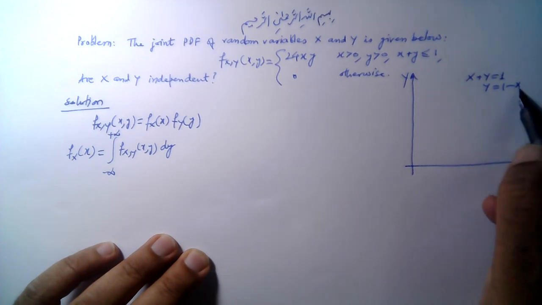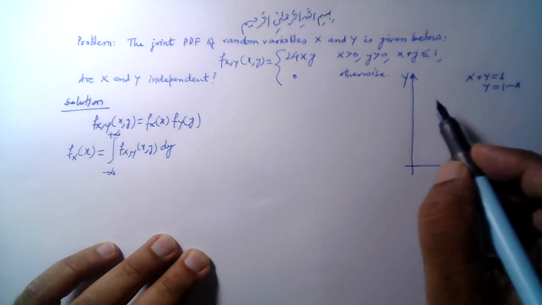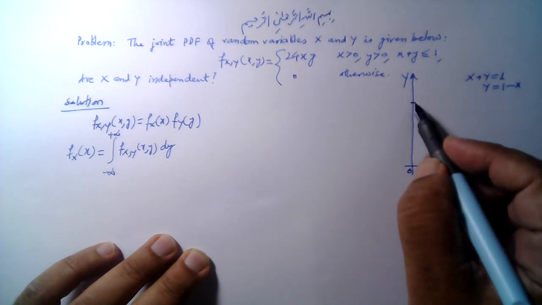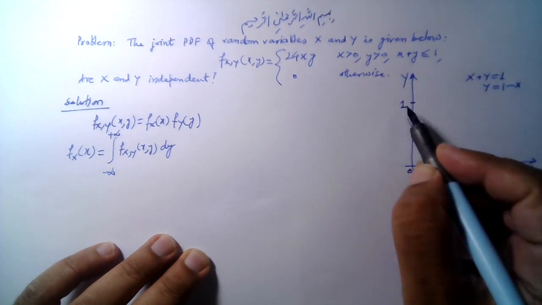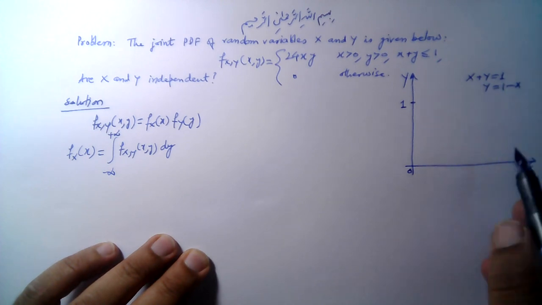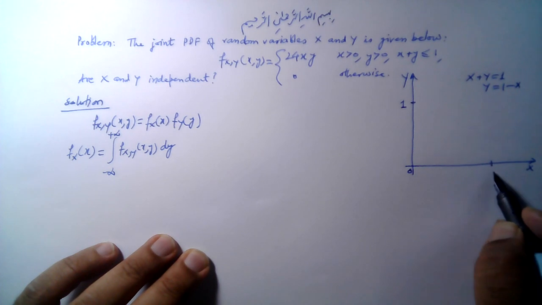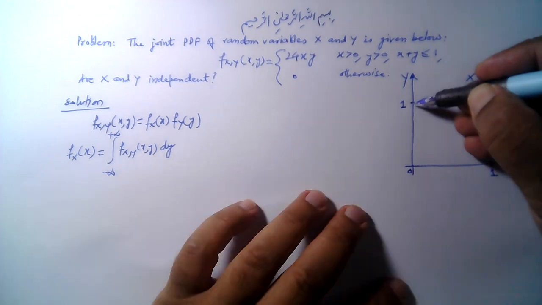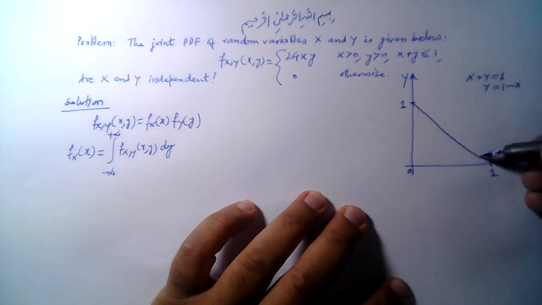So when x is equal to 0, y is equal to 1, right? This is x equal to 0 and y equal to 1 here. And when y is equal to 0, x is equal to 1. So this straight line can be drawn like this here.